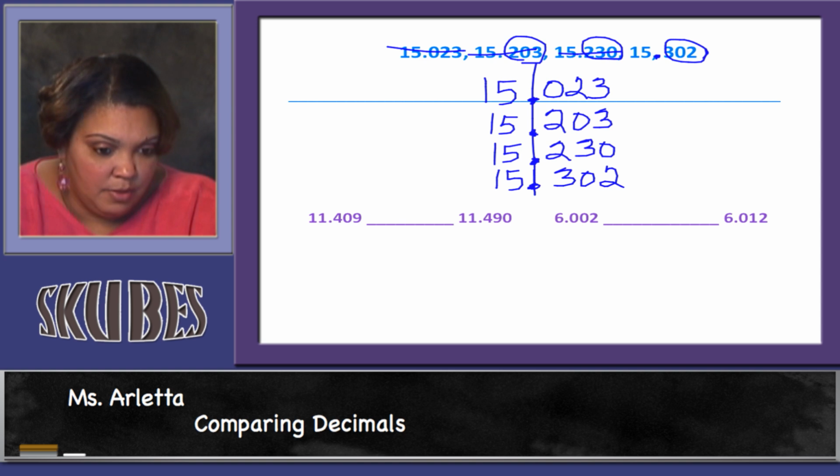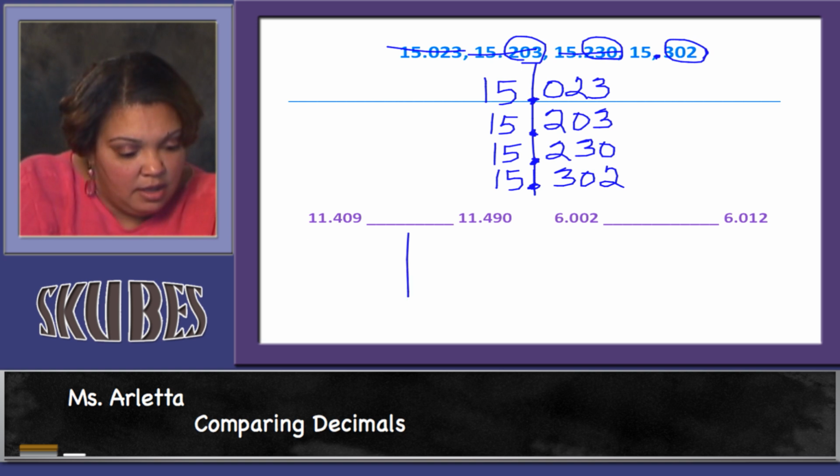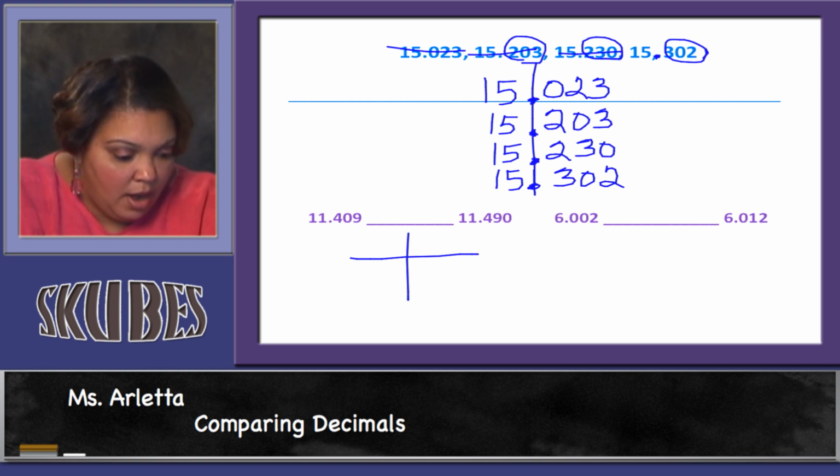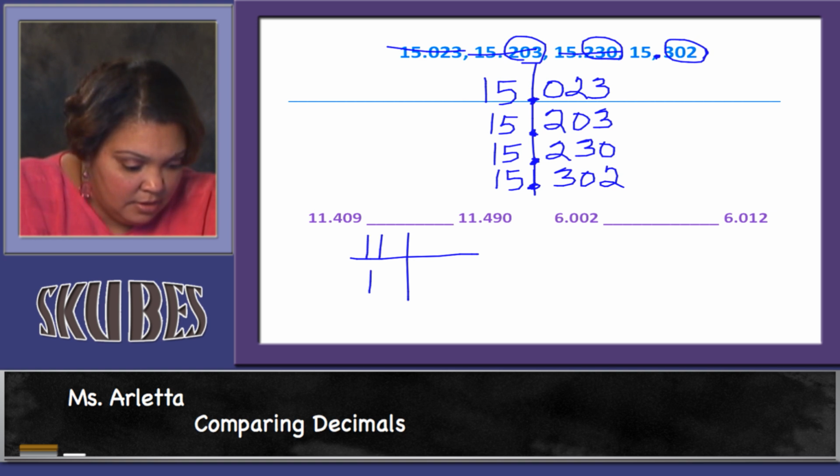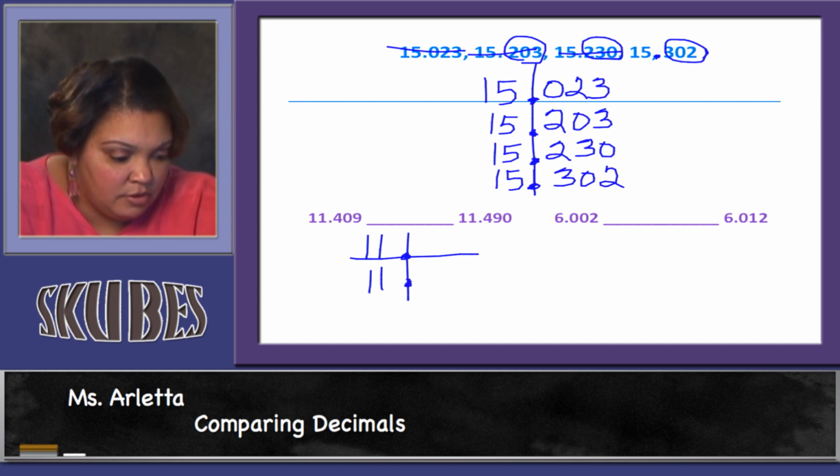And at the bottom of the page, we have two different sets of numbers. I see the numbers on the left and right are an 11, which are in front of the decimal point. So now I need to focus on what comes after that decimal point.